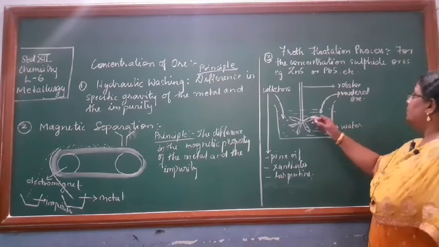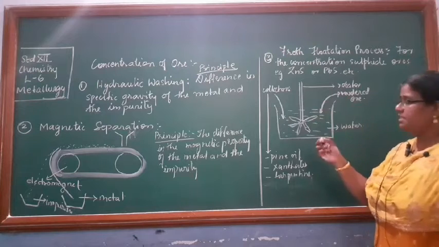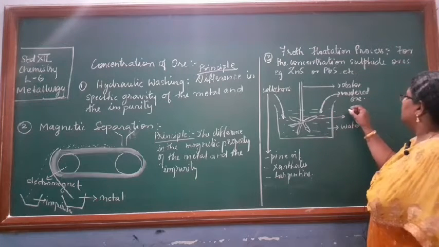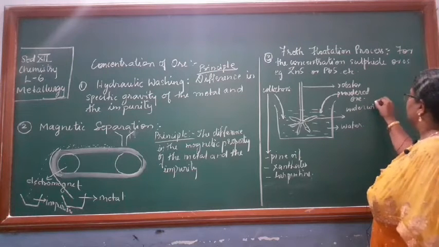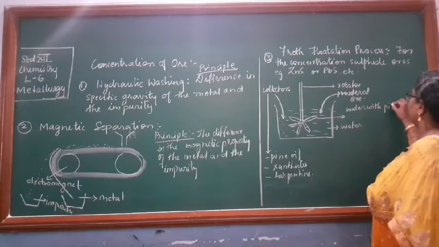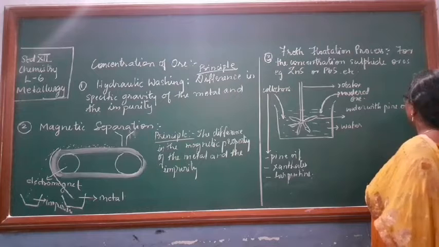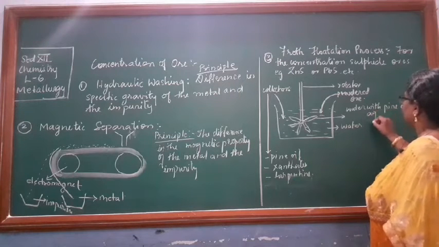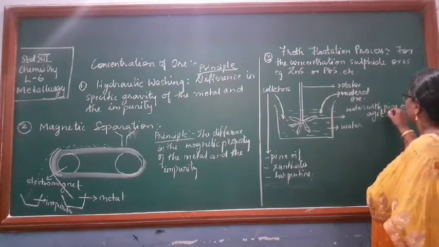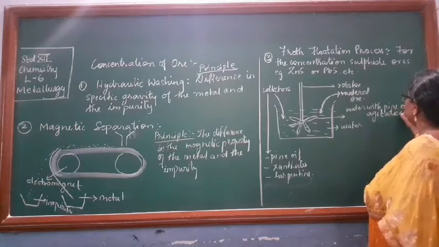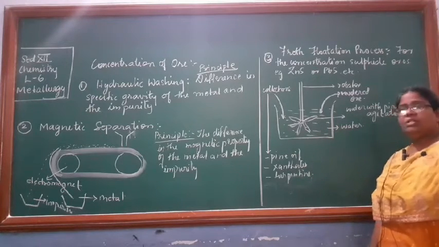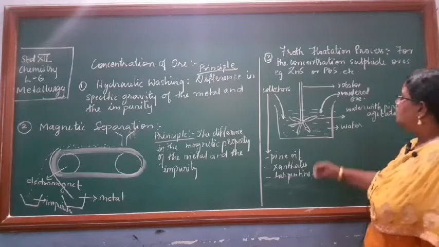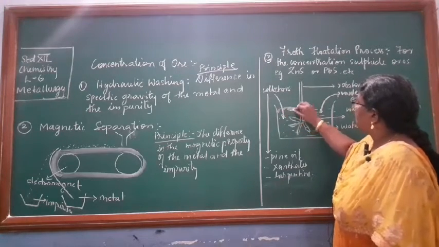This rotator is rotated at very high speed, that is water with pine oil is agitated. Agitated means you are mixing this thoroughly, rotating the blades and rotating this mixture thoroughly. So, what happens? Froth is formed.